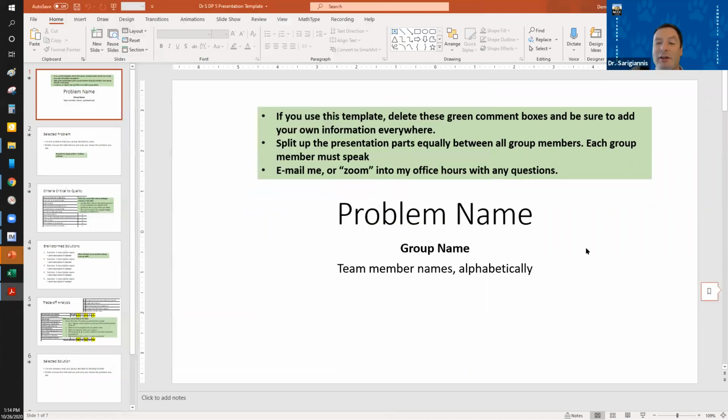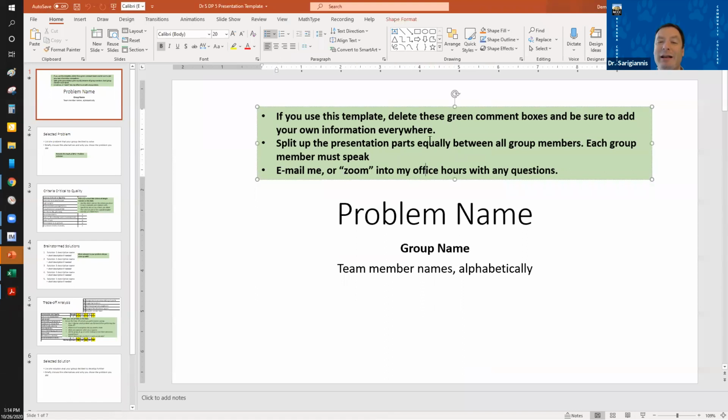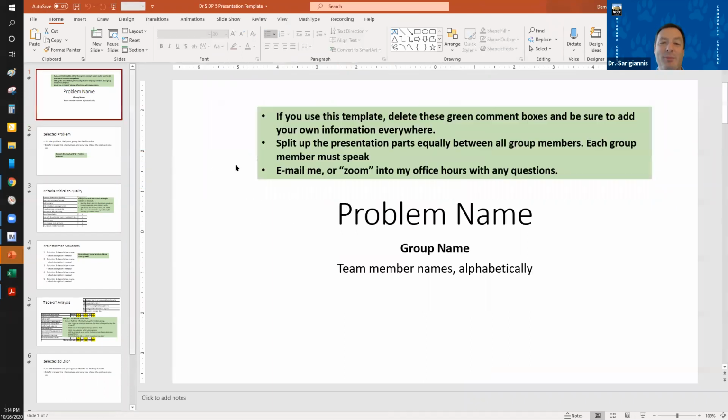So you're going to basically, the first slide is going to be your problem name, your group name, your member names. You can delete these green boxes. Well, you should delete these green boxes for your own presentation. These are basically boxes just to tell you what to do.